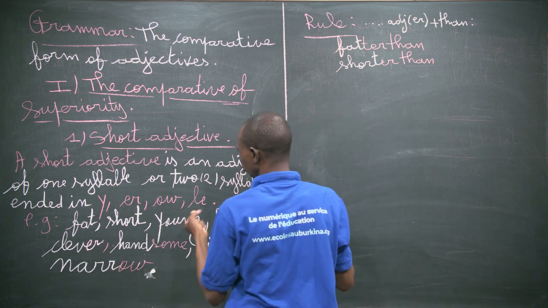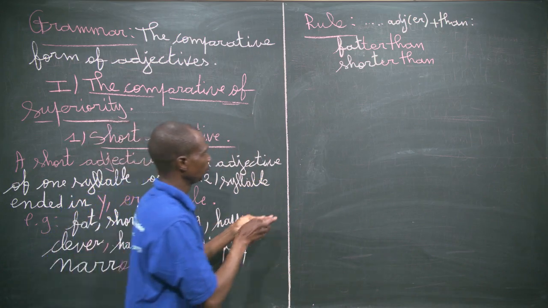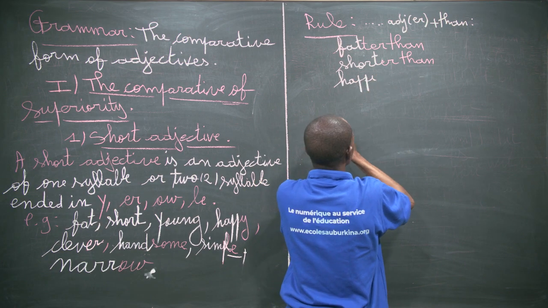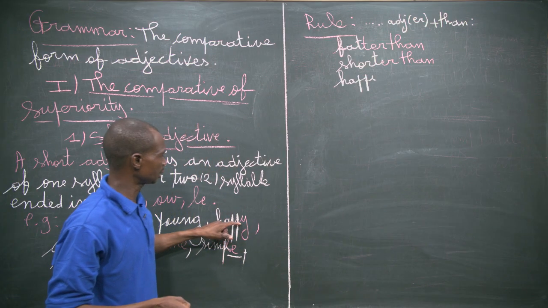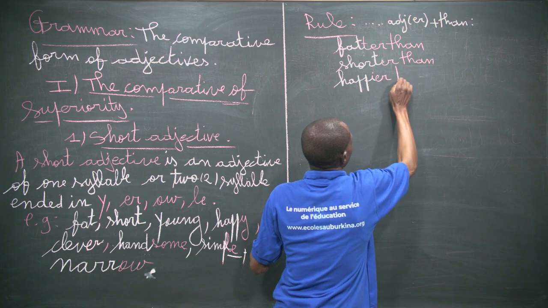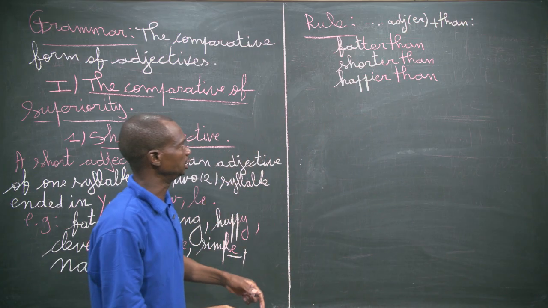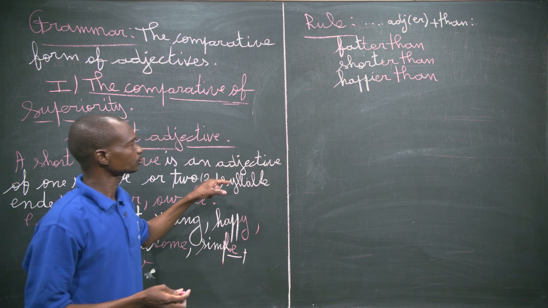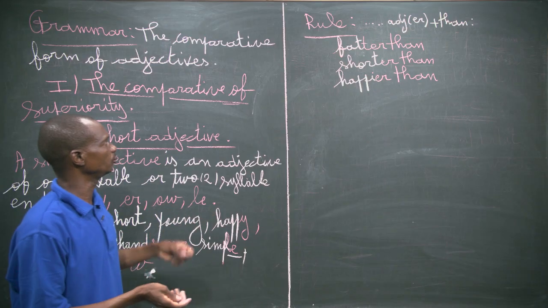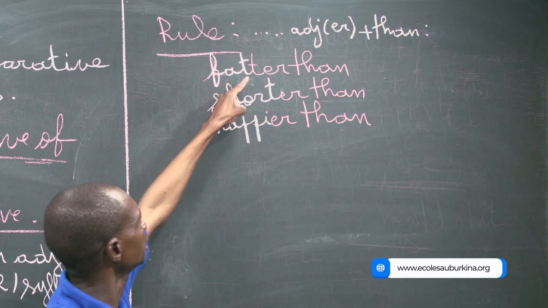If we take an example with an adjective ended by Y, we have happier. The Y becomes I before we add the ER. Here it is happier than, which means plus que, because it is the comparative of superiority. This is the rule for the comparative of superiority with short adjectives: the short adjective plus ER.